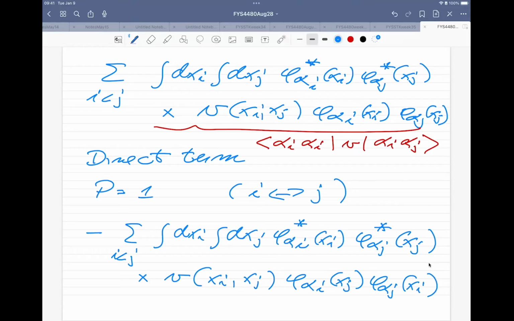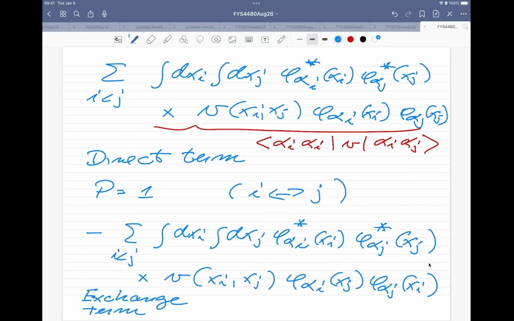So this is also not necessarily equal to 0. So we have to keep it. It could happen that the spins are arranged so that it becomes 0. But in general, we have to keep it. And this is normally called the exchange term. And for fermions, it's due to the Pauli principle.